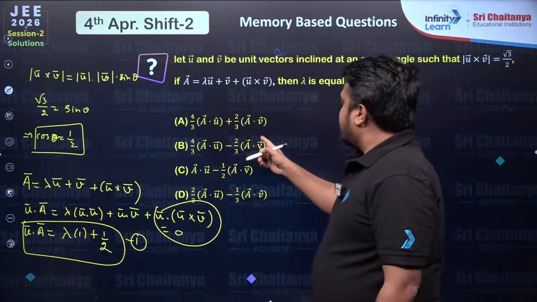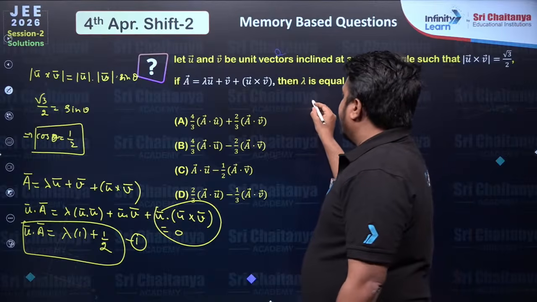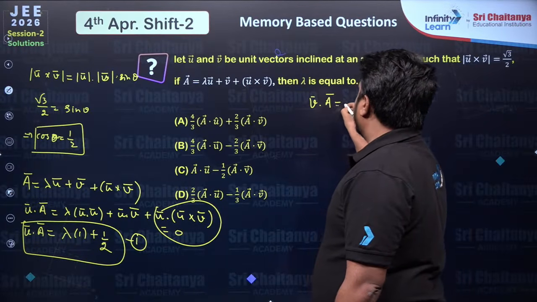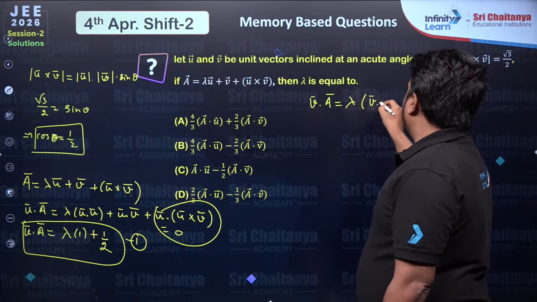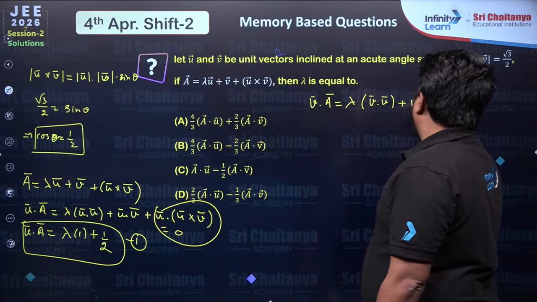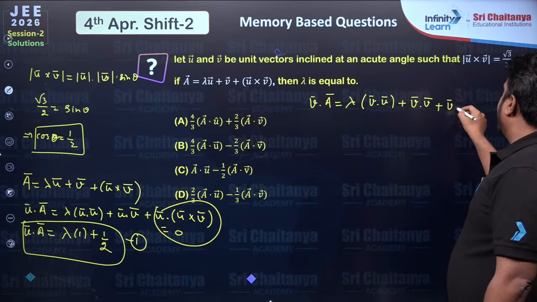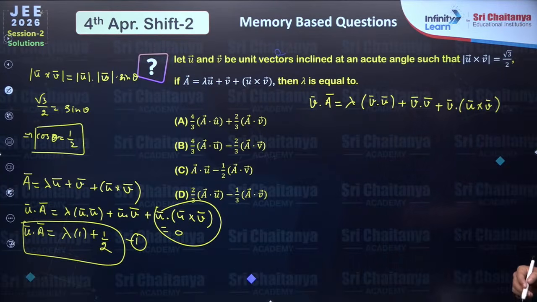Now since my answers also involve a bar dot v bar, I will again take the dot product of v bar on the expression with a bar. This will be lambda times v bar dot u bar plus v bar dot v bar plus v bar dot u bar cross v bar, right?